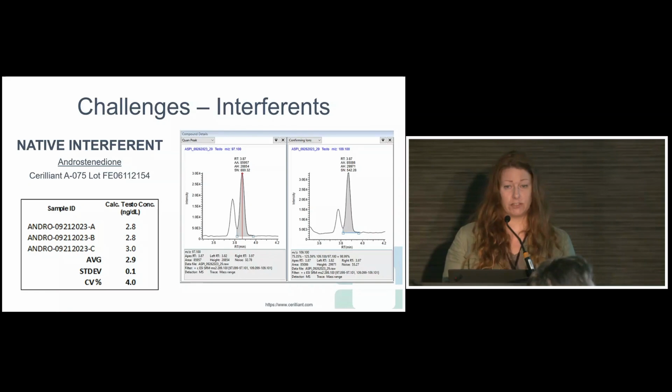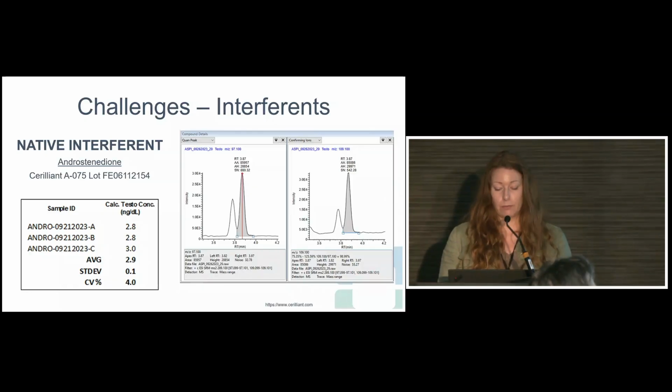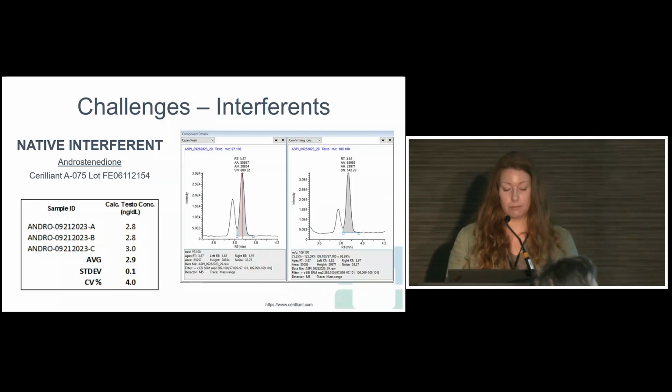Another big challenge for testo and any endogenous analyte are interference. I'm going to go over a couple here. This is a native interferent, androstenedione. The chromatogram that you're looking at here has a peak that is integrated at the retention time of testosterone, which I was not expecting because this was blank matrix.